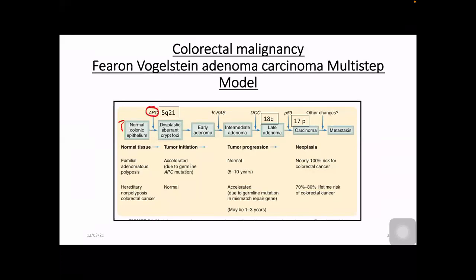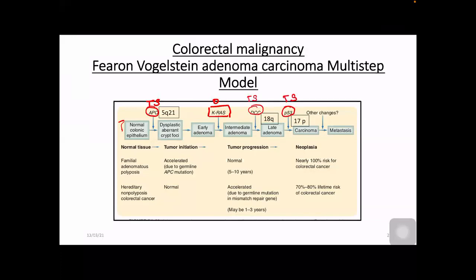The APC gene is a tumor suppressor gene. Most of the genes in this flowchart are tumor suppressor genes except KRAS, which is a proto-oncogene. All others are tumor suppressor genes, including P53.